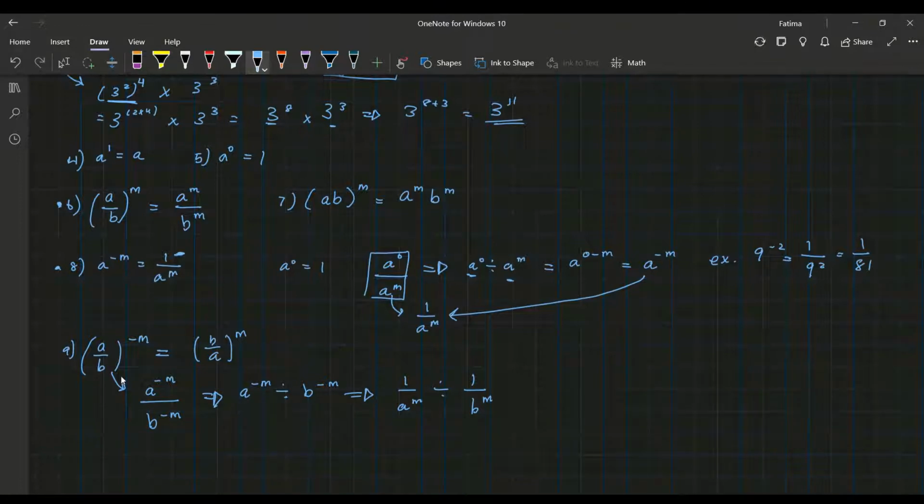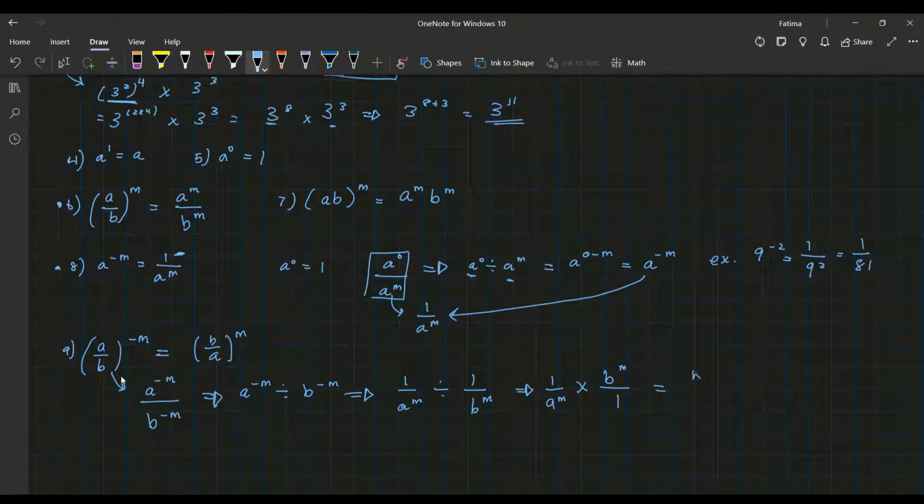Now fraction division, if you don't know how that is done, I have a video explaining it and you should check that out. So you would have to keep the first fraction the same. So it would be 1 upon a to the power m. The division would change to multiplication and you would reciprocate the second fraction. So it would be b to the power m upon 1.